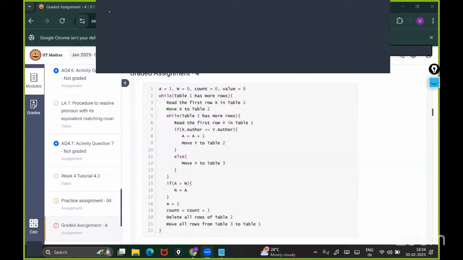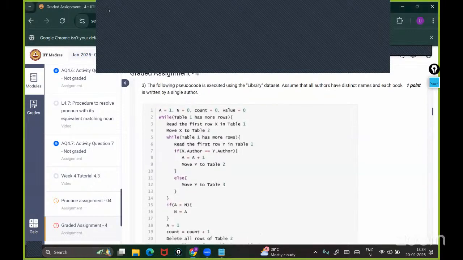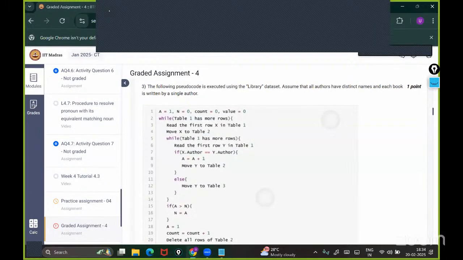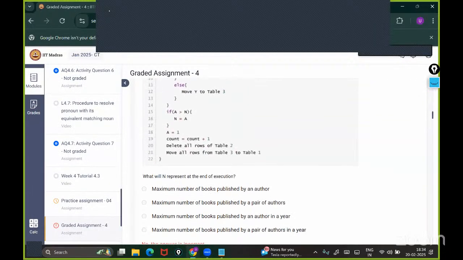What does n represent in this question? We have to find what n represents at the end of the execution. Ma'am, can I get the options, please? Yeah, this is the option.